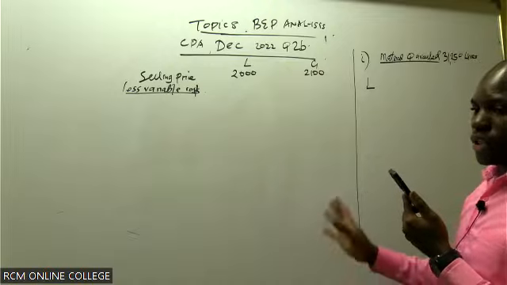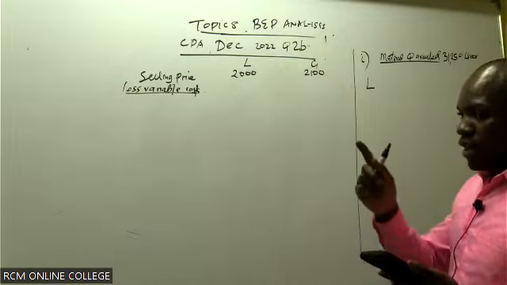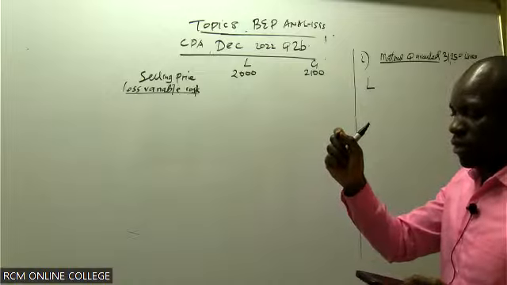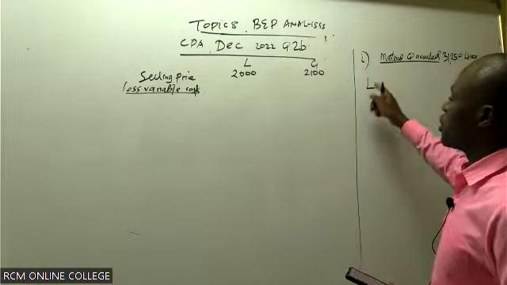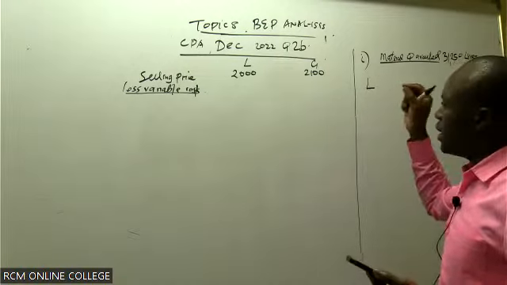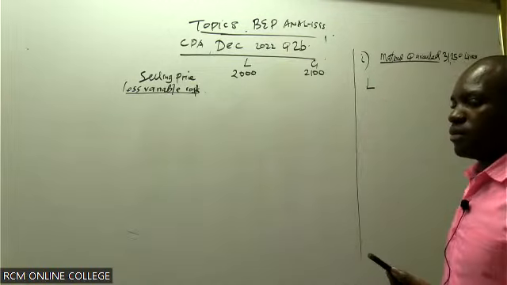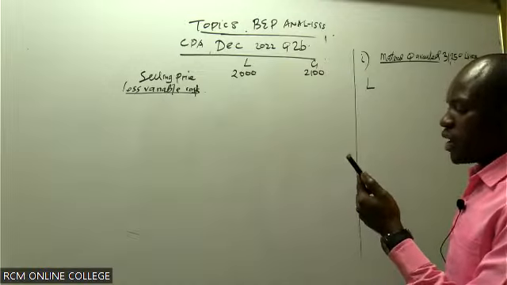Watu wote wameniangusha. What did we say? What you are given there is the cost of material Q used to produce 1 unit of L. Lakini liters required to produce 1 unit of L is not 200. Watu wote wameniangusha. Look at what we are given there.